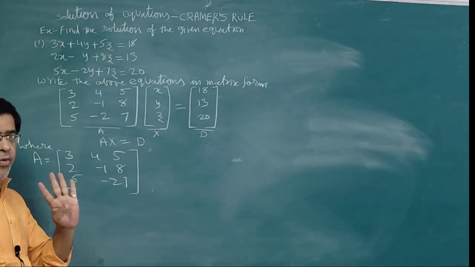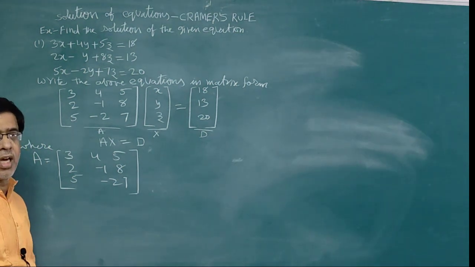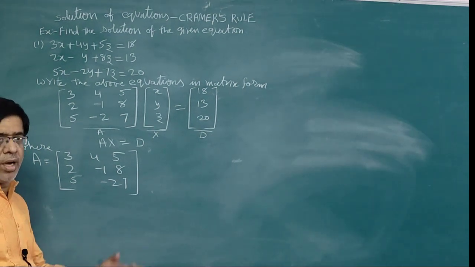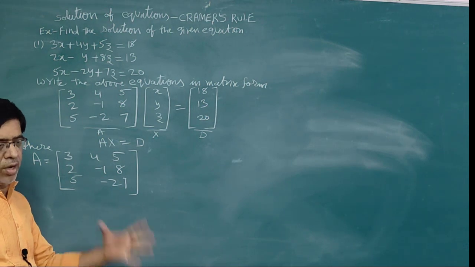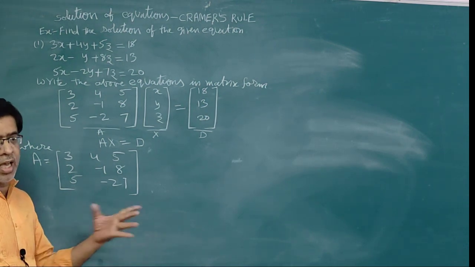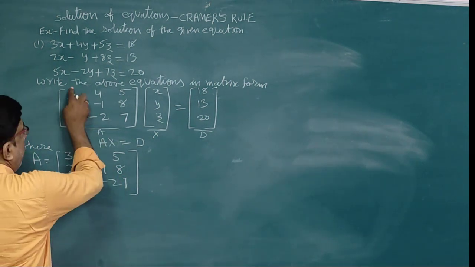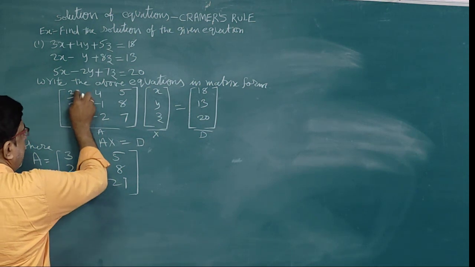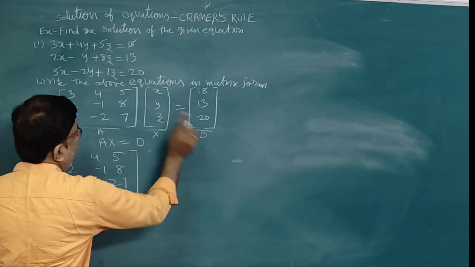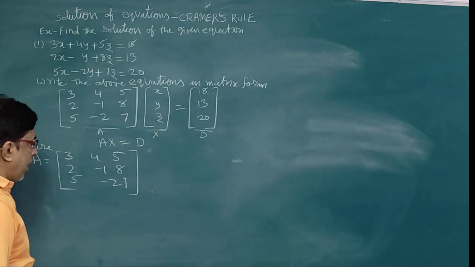Now Cramer says to find all the determinants. We have to find four determinants. The first one is called delta, then delta 1, delta 2, delta 3. Delta 1 is for x. For x, replace the x coefficients with the constants 18, 13, 20.